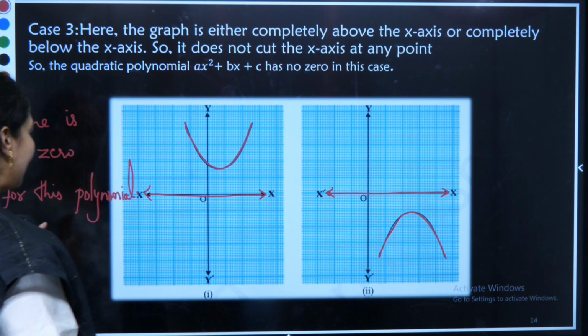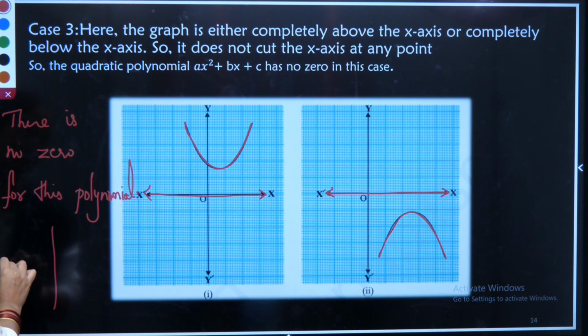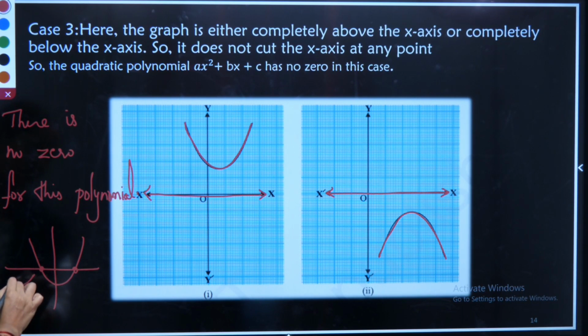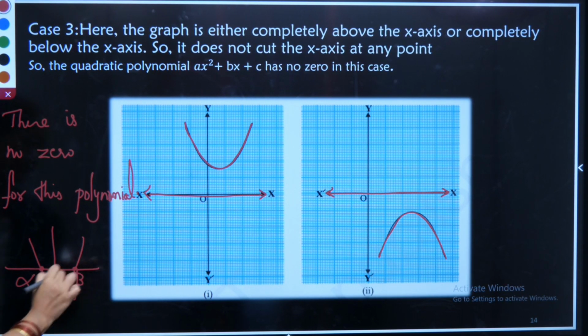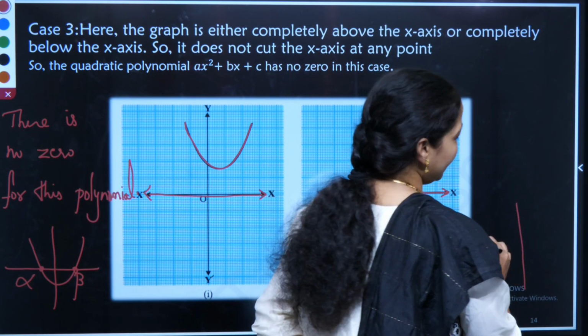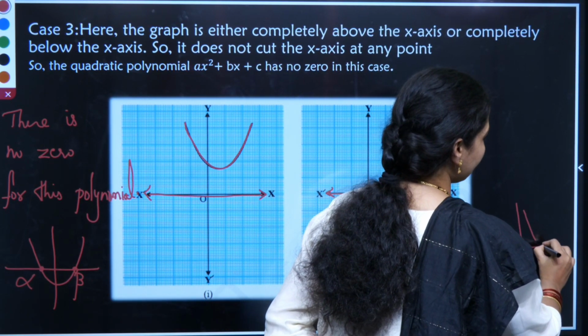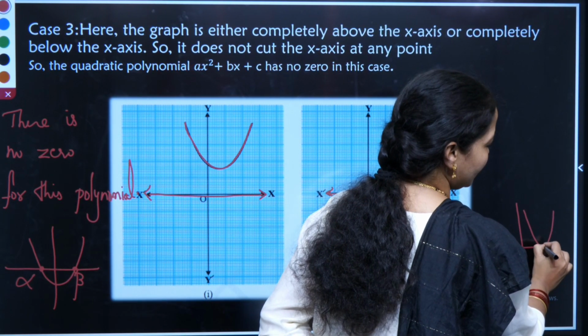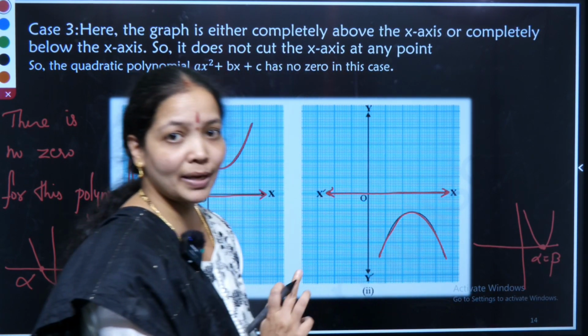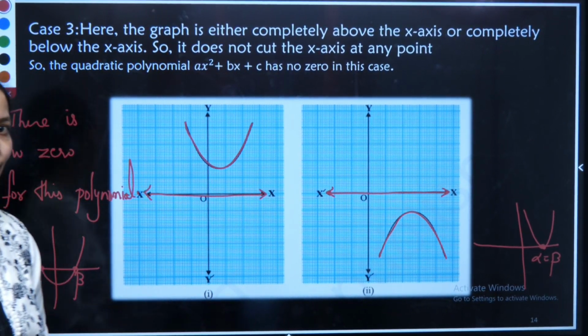In the previous slide, we had a graph in this manner where it was touching the x-axis at two different positions. So we called this alpha and this beta. Before that, we had a graphical representation in which the graph touched the x-axis at one particular position. I told you alpha is equal to beta, but as it is a parabola, it will be a quadratic polynomial.